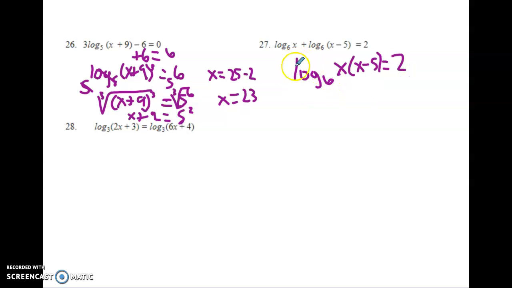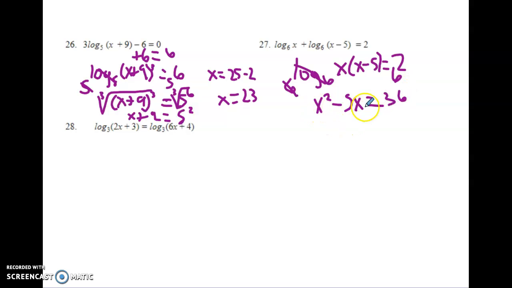Then to get rid of the log base 6, I'm going to raise everything to a power of 6. So the 6 and log base 6 cancel out. I'm going to go ahead and distribute that. So it's x squared minus 5x equals 6 squared, which is 36.